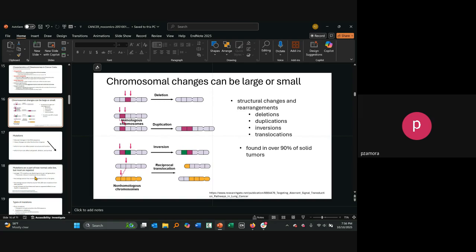But just for the moment, remember that anytime you have a duplication of genetic material, that can have very bad consequences. These types of changes are very common, and they're found, for example, in over 90% of solid tumors. And they frequently occur again within the same cancer cell. Not all the time, but they frequently occur together.